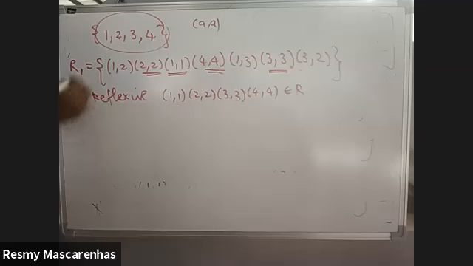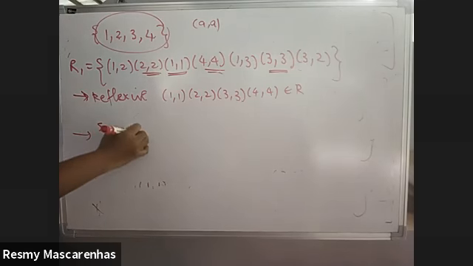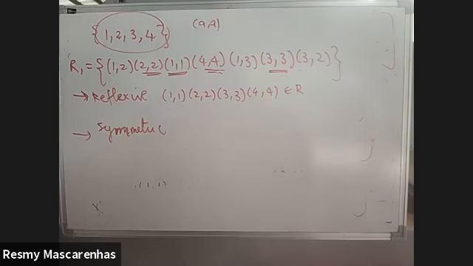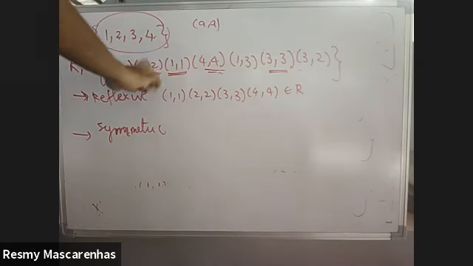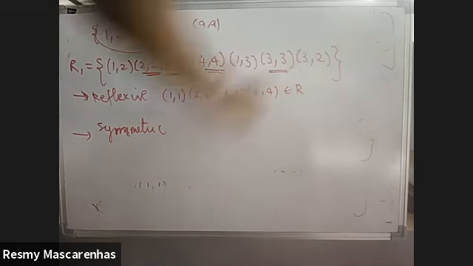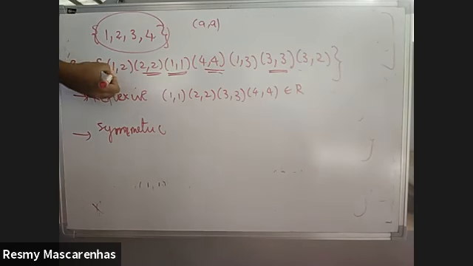Now we'll check for symmetry. For symmetric, other than that, we have to check. These are for reflexive, so don't worry about this. Now check here: (1, 2). Obviously, I told you for symmetry, its reverse should be there in the same set.